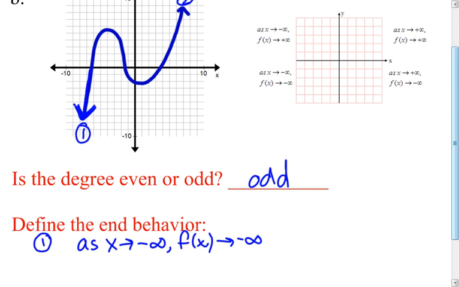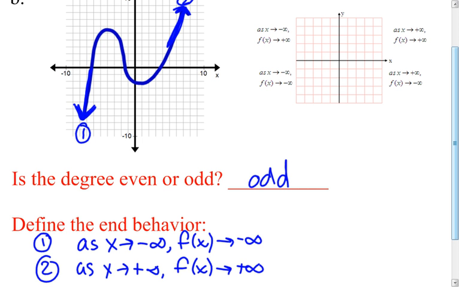Okay, and up here on part 2, I am moving to the right and up. So if I move to the right, my x's are getting bigger, and I'm moving up, so my y's, or my f of x's, are also getting bigger. We're approaching positive infinity, okay? Or you can use these and these as kind of a little cheat for you, okay?